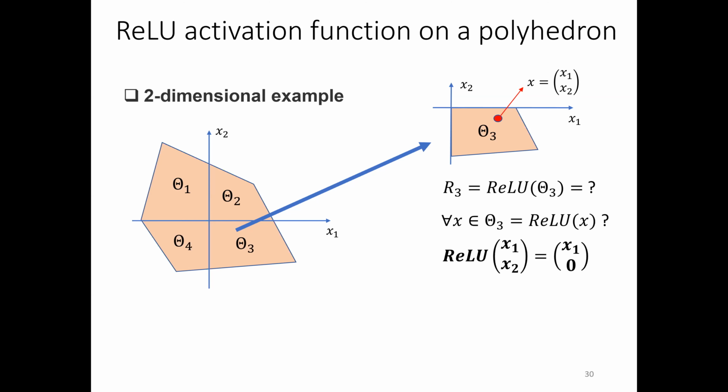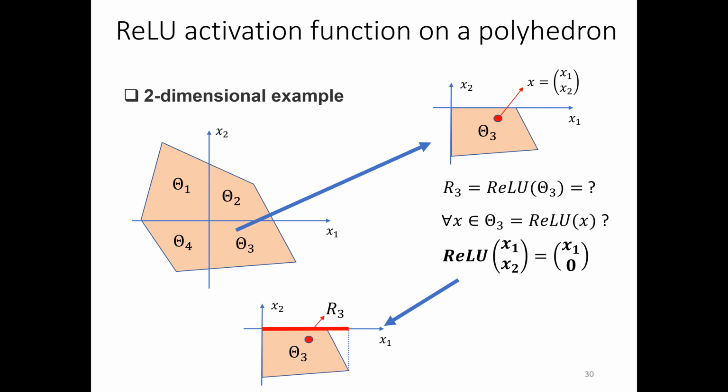So x1, 0, right? Shouldn't x2 be 0 since x2 is negative while x1 is positive? Yeah. So x1 is positive, right? So x1 is going to be the same. And x2 is mapped to 0, right?